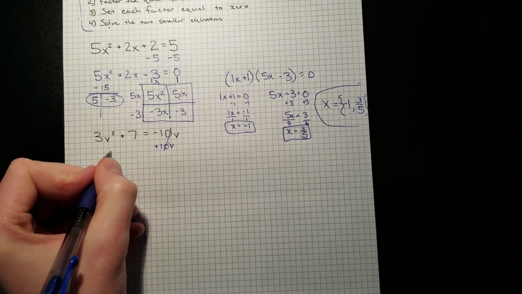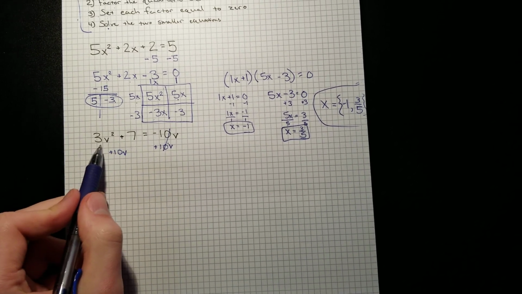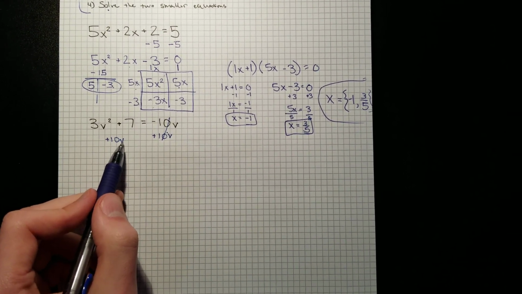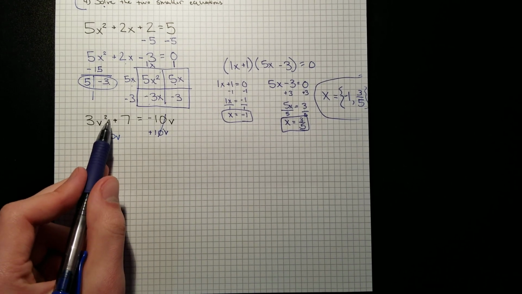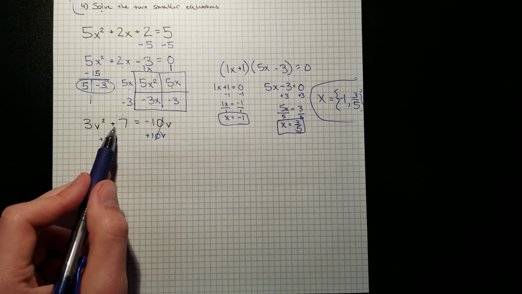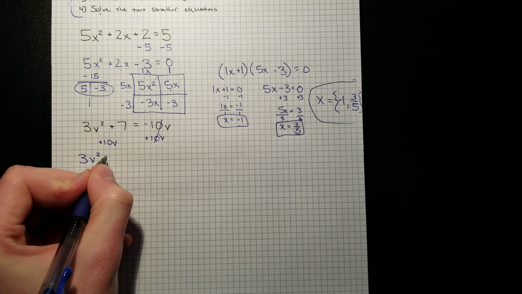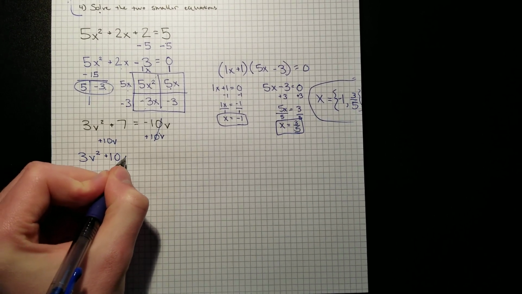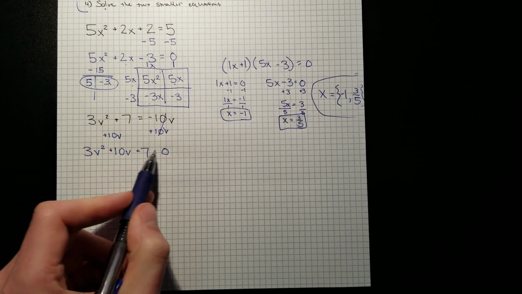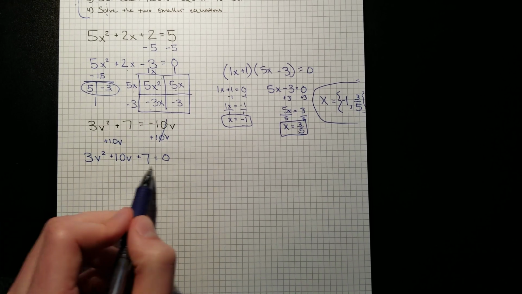And now I need to figure out where I can add 10v over here. Now, if I'm looking here, I should notice that there is no term that just has a v. I can't add it to this one because that's squared. Can't add it here because there's no v there. So I'm going to add it in the middle between them. So I get 3v squared plus 10v plus 7 equals 0, because there's no other thing I can add it to, so I'll just put that in the middle. Make sure that's in order.